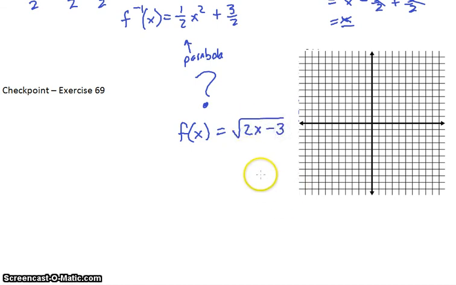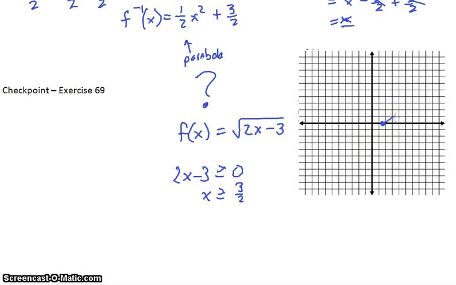Okay, if you look at this function, hopefully you can see by now that you can't take the square root of a negative number. So this expression can't be negative. And if I solve this, I get x has to be greater than or equal to 3/2. So this function starts right here.